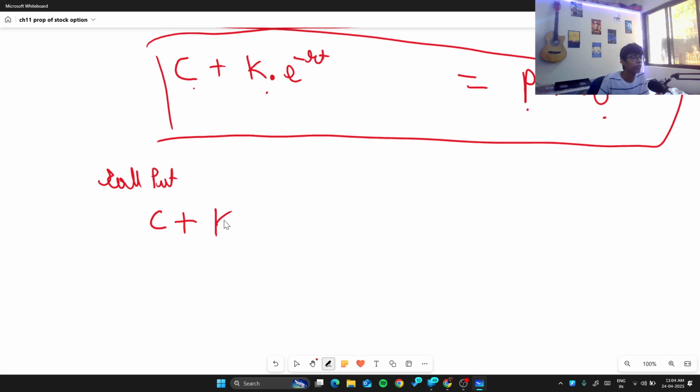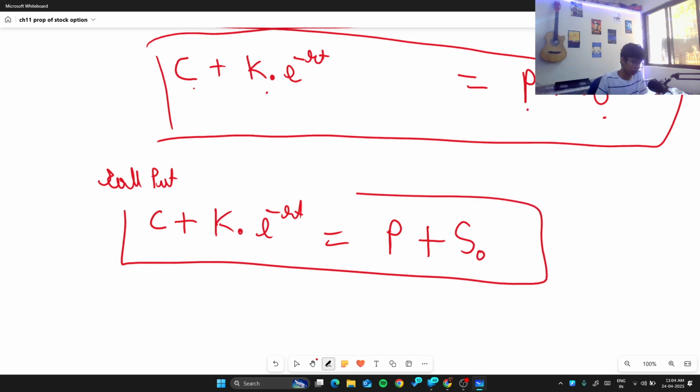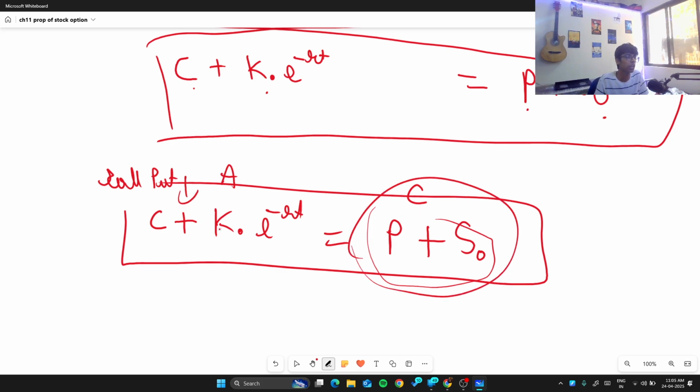Value of call option plus money in the bank, or zero coupon bond, equals the put plus the stock. Remember this, and we can find the arbitrage opportunity in this. If portfolio C is greater in value and portfolio A is less in value, they will short this and buy this.